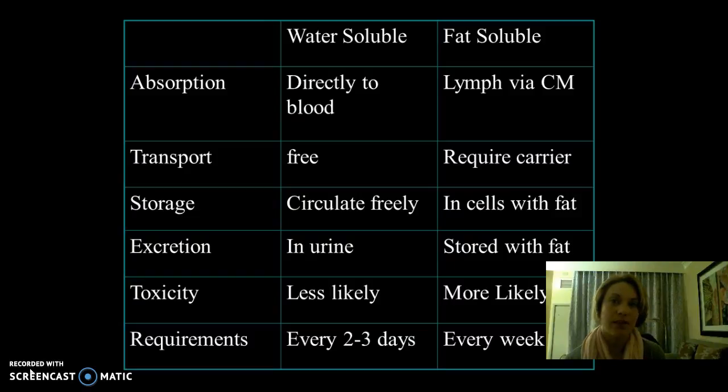There are a variety of differences between water-soluble and fat-soluble vitamins. The absorption of water-soluble vitamins is different, as carbs and protein are, whereas fat-soluble vitamins are absorbed. Water-soluble vitamins are transported freely, whereas fat-soluble vitamins often require a carrier.